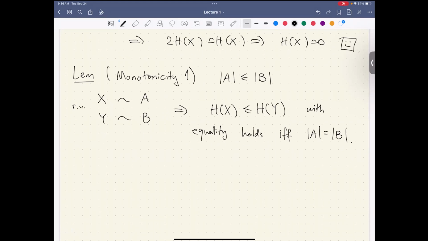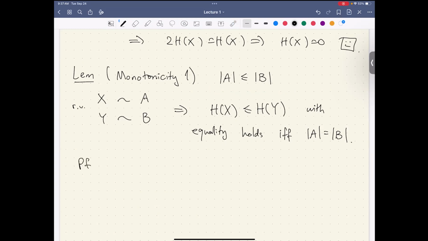The first thing to notice is that by invariance, we may assume A is a subset of B. You can just build a bijection between A and a subset of B of the same cardinality as A. So we may assume A is a subset of B by invariance.